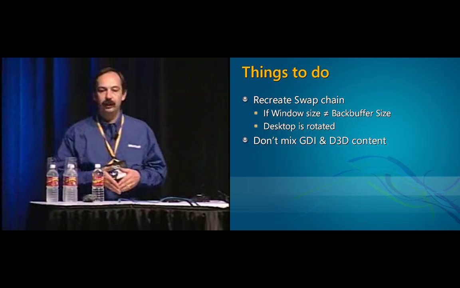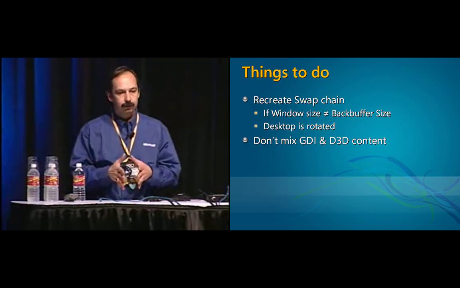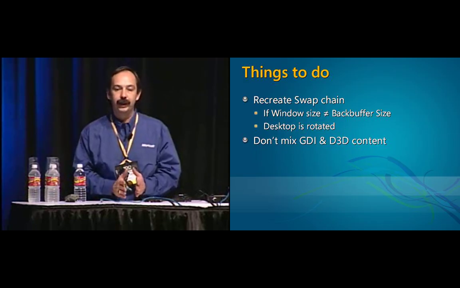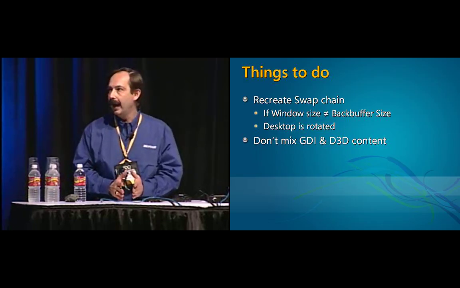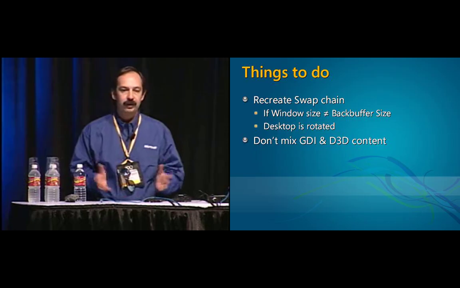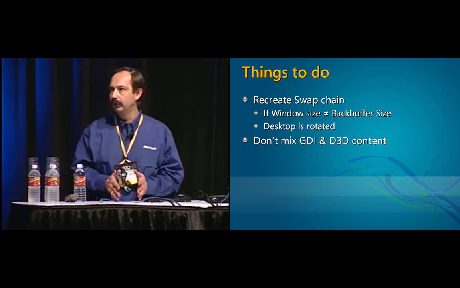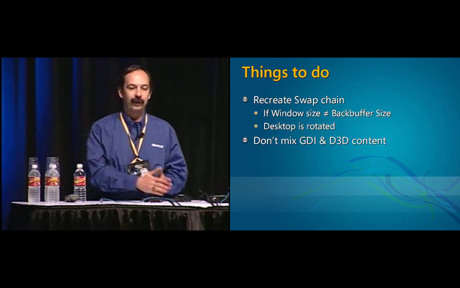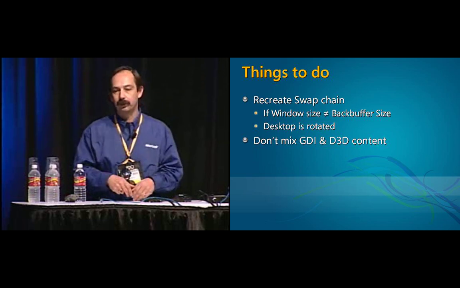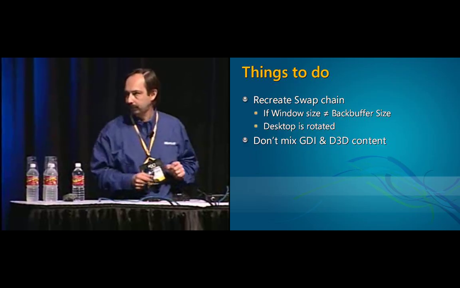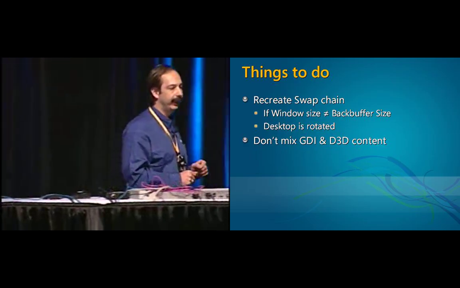But the more interesting thing is that we've added pretty low-down support in the operating system for rotation on the monitor. If your application does nothing, rotation will happen for it. But what you have to do is at least detect it. If the screen has been rotated, you should recreate your swap chain so that your actual app will also rotate as well. And then lastly, don't mix GDI and D3D content.